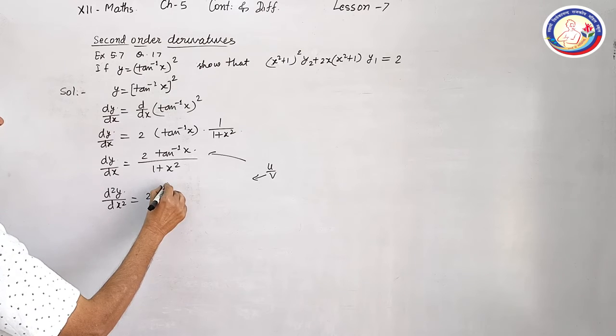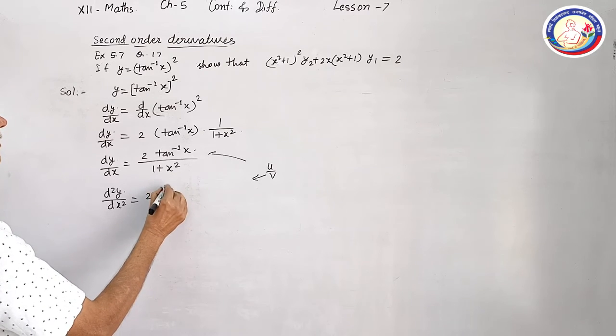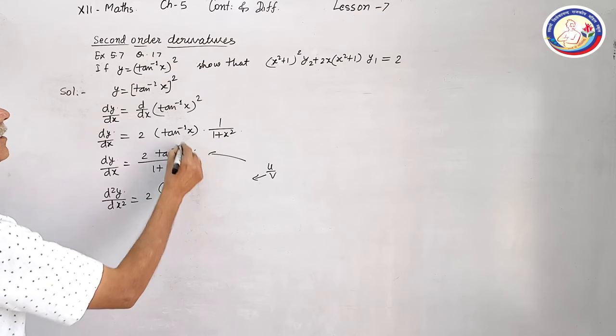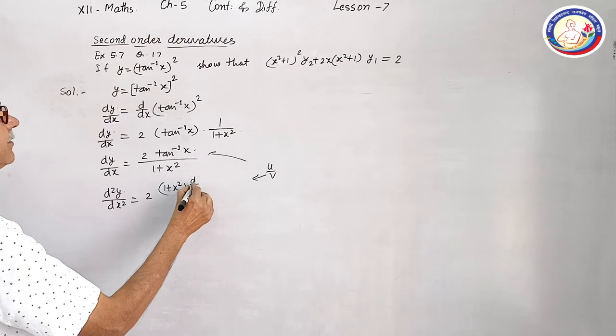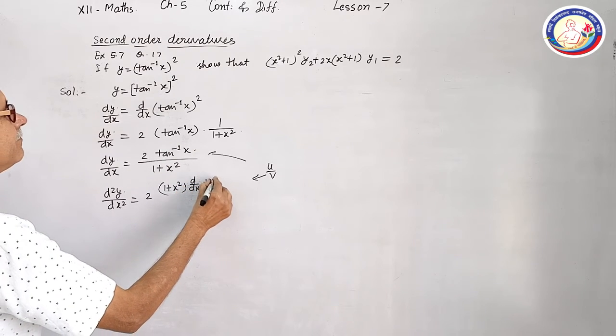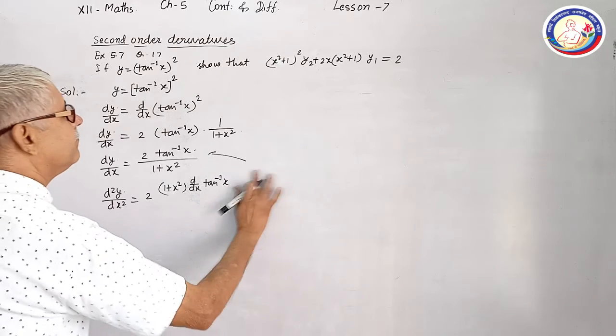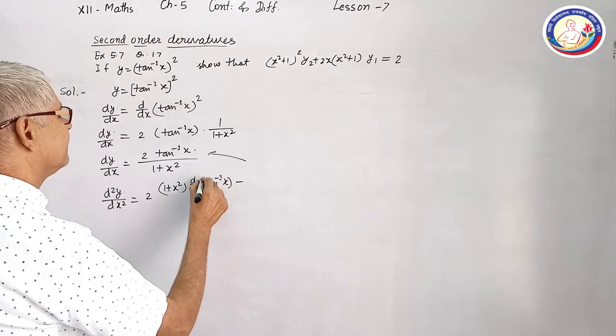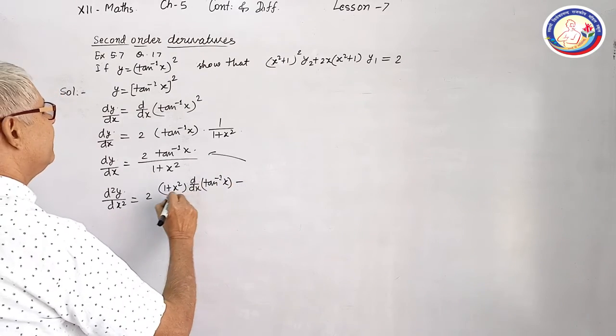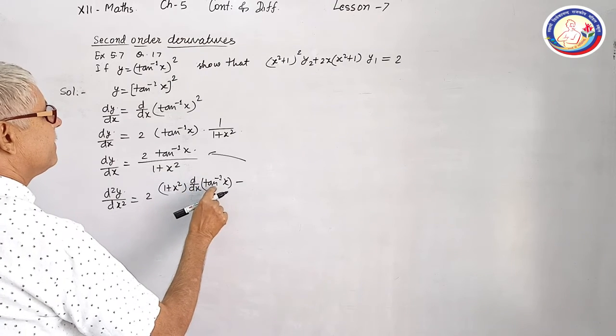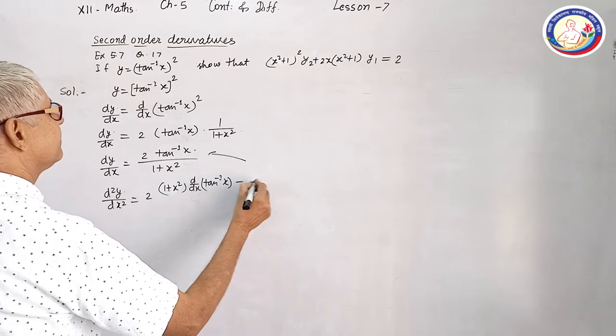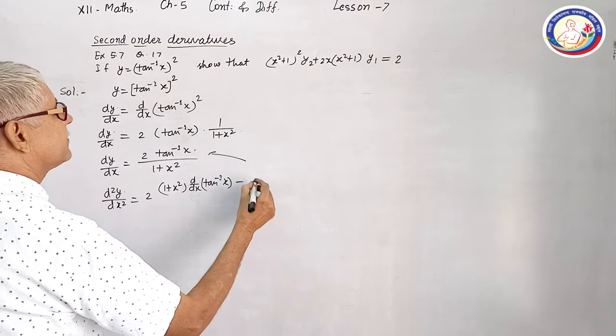That is derivative of, keep the second constant 1 plus x square, and derivative of tangent inverse x, minus derivative of first, that is tangent inverse x.